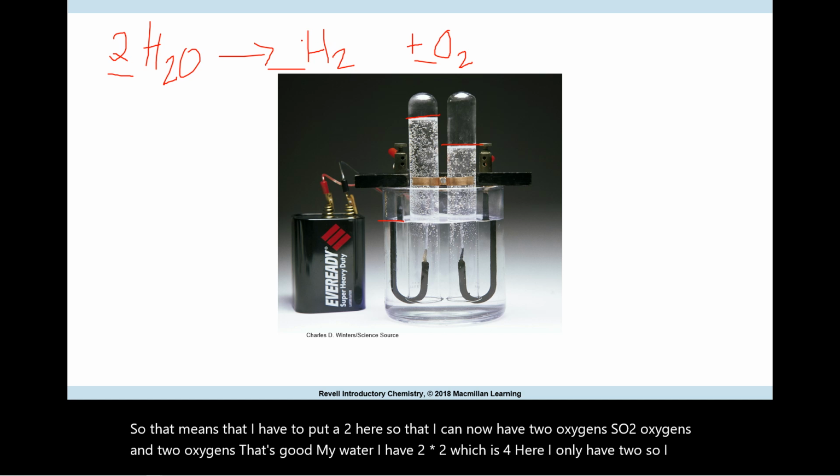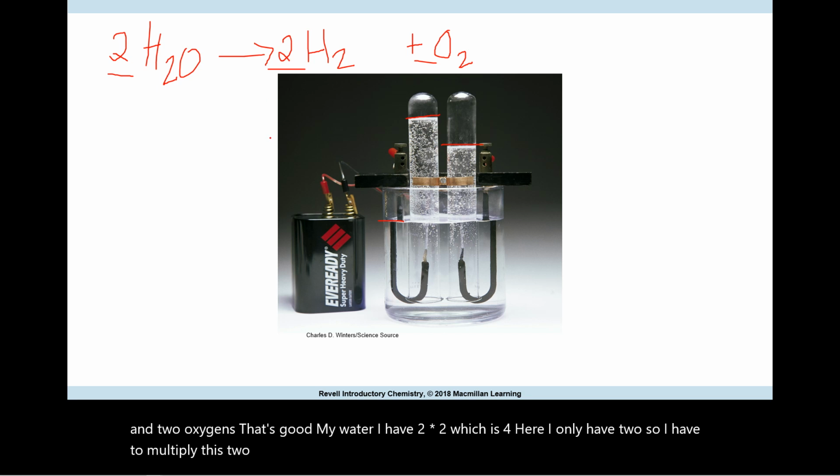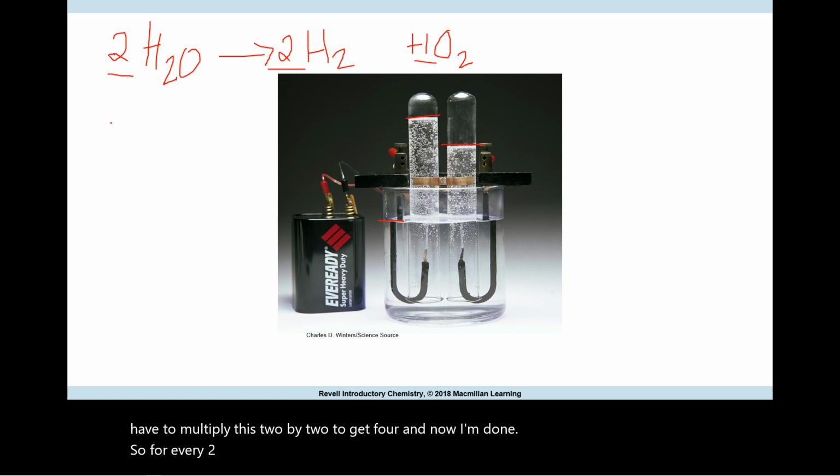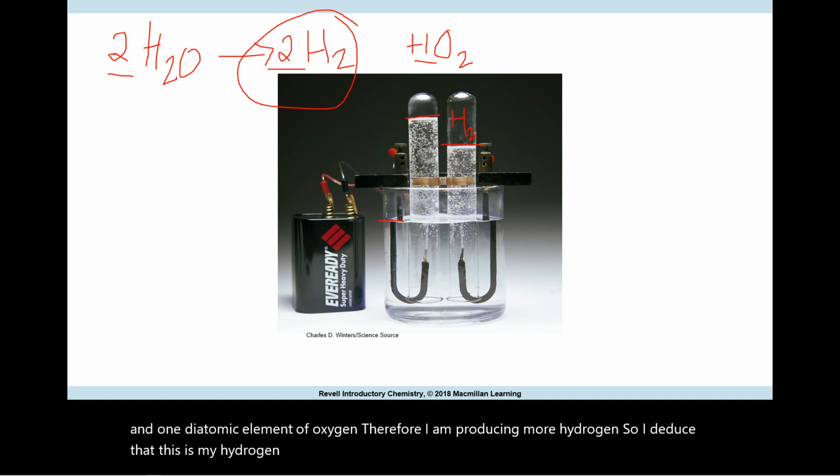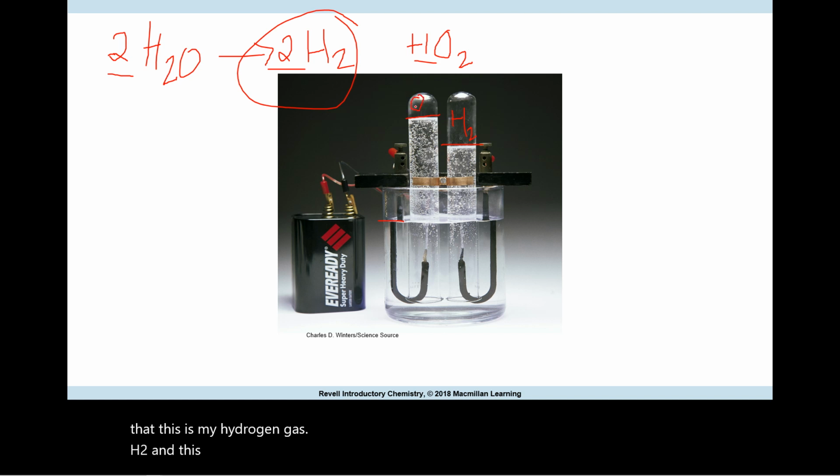So I have to multiply this 2 by 2 to get 4. And now I'm done. So for every 2 molecules of water that break, I produce 2 diatomic elements of hydrogen and 1 diatomic element of oxygen. Therefore, I am producing more hydrogen. So I deduce that this is my hydrogen gas, H2, and this is going to be my oxygen gas, O2.